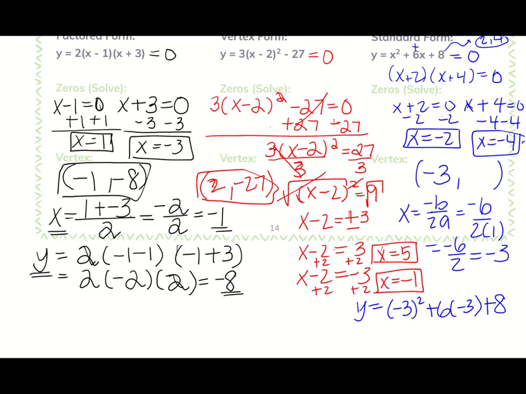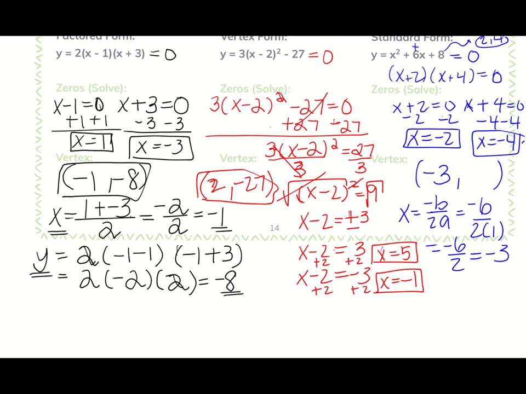Now -3 squared, negative times a negative is a +9. 6 times -3 is -18 plus 8. So this would give me 9 minus 18 is -9. -9 plus 8 is -1. So my vertex would be at -3, -1.